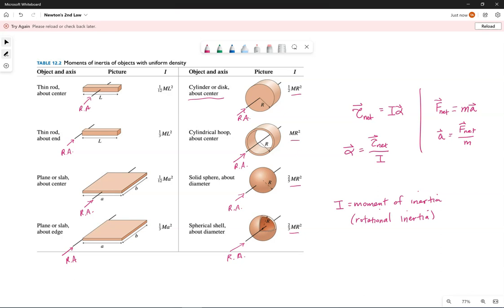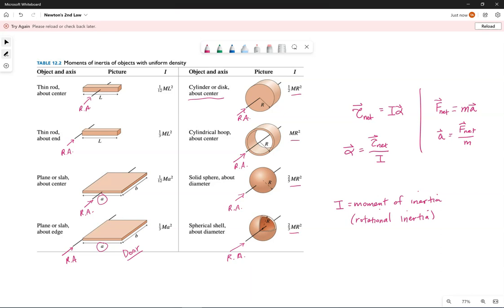On the left side, it has L or a, L meaning the length of the rod, or a meaning the width of this plane or slab. So this bottom left example would be like any of our doors. The rotational inertia of any of our doors depends upon the mass of the door and how wide the door is. Not how tall, just how wide.